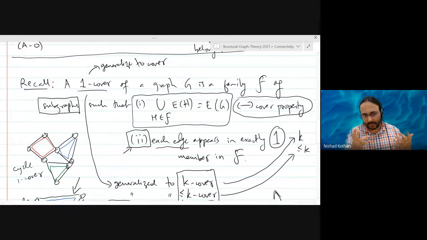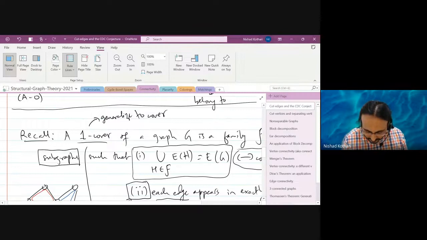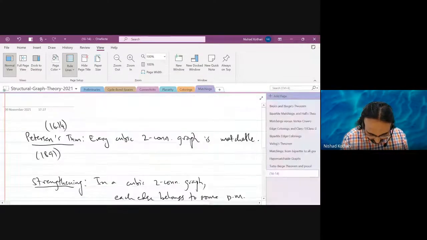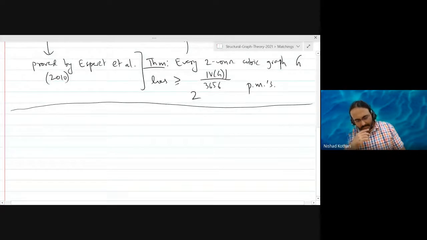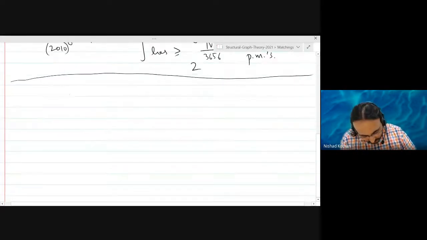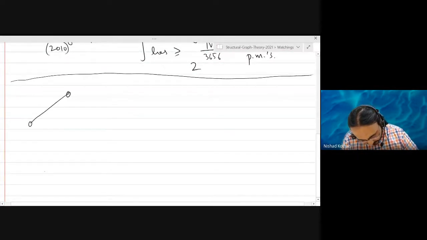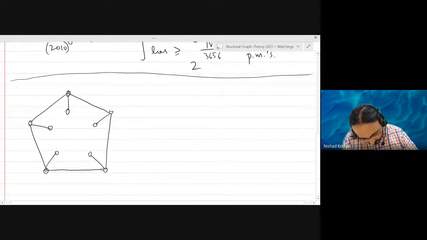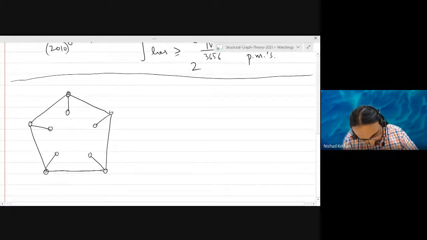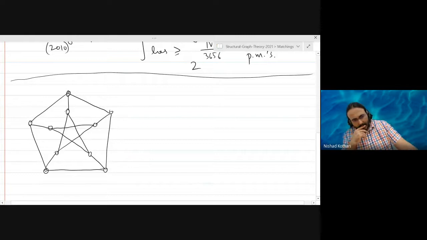All right. So I want to tell you about a conjecture regarding perfect matchings and cubic graphs, which is reminiscent of the cycle double cover conjecture. And it is also open just like the cycle double cover conjecture. Okay. All right. So let's go back to matchings. So think about the Petersen graph.